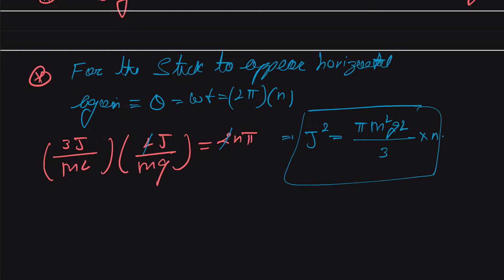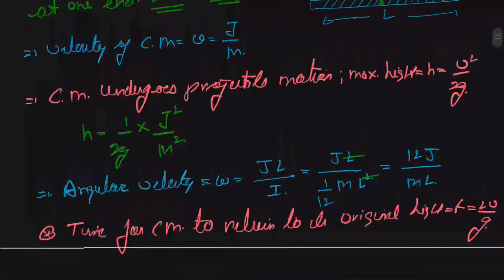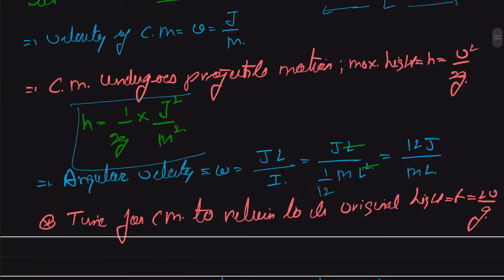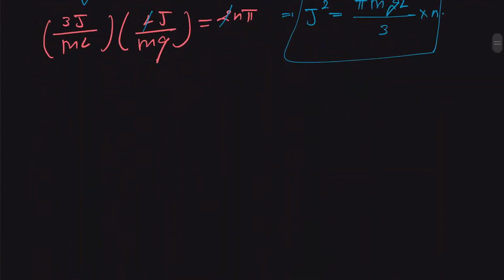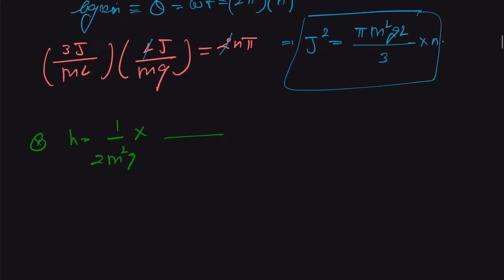And this we are going to substitute in our equation of height. Therefore, our height h will be equal to 1 upon twice m square g multiplied by pi m square gL over 3 multiplied by n, and this m square g and g cancels out, so this will be coming as pi L upon 6 multiplied by n.